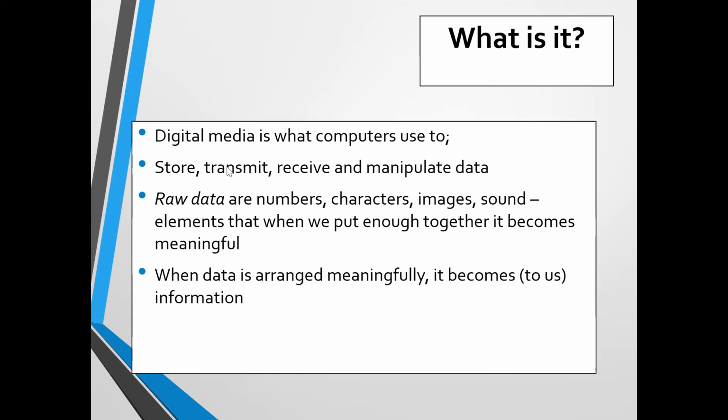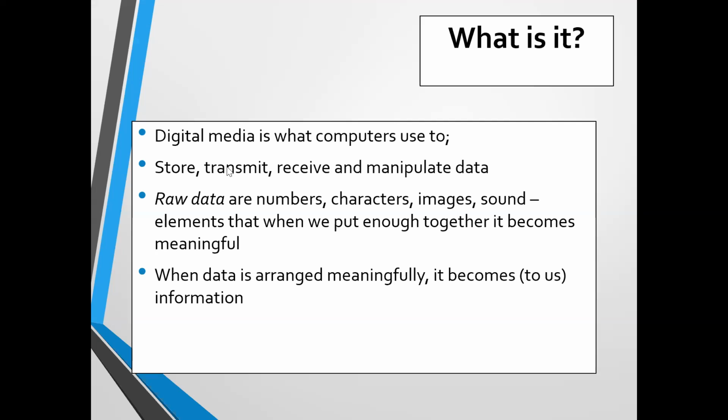It's important to understand that we always have data and information. We define data as unprocessed information or facts or numbers, characters, images, sounds that do not have any meaning on their own. Until we start doing the processing, that is when we have information.